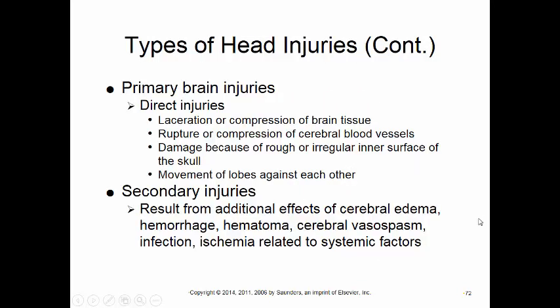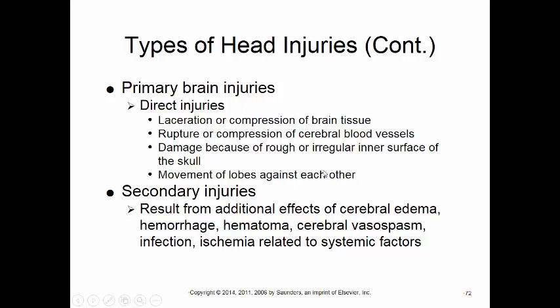Primary brain injuries are direct injuries of the brain tissue through either laceration or compression. It can result in rupture of blood vessels, or damage to the cerebral blood vessels, or damage from the rough or irregular inner surface of the skull. And it also can be when the lobes move against each other in different directions.